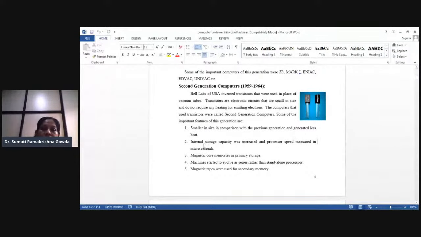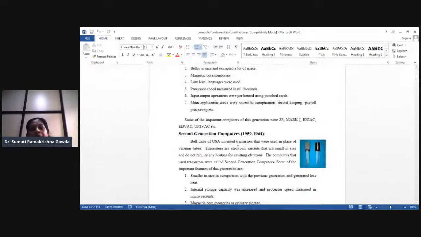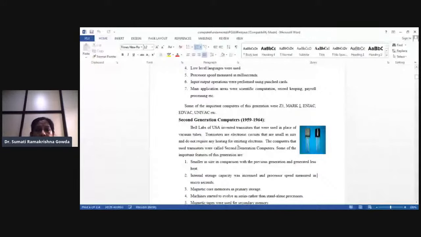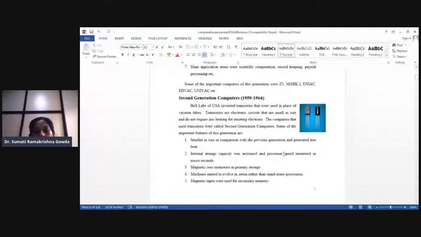Internal storage capacity was increased and processor speed was measured in microseconds. Earlier it was measured in milliseconds, and here it is microseconds. See the improvements. It was very expensive and bulky in the previous generation. Processor speed improved to microseconds during the second generation.